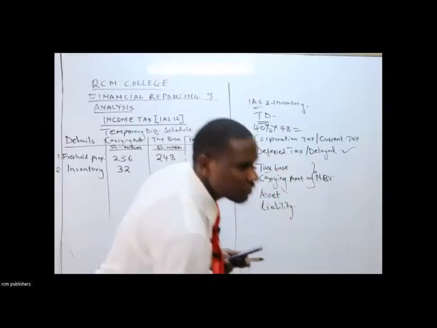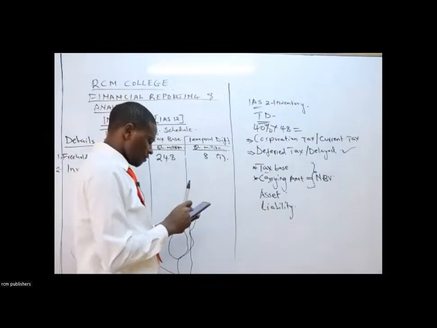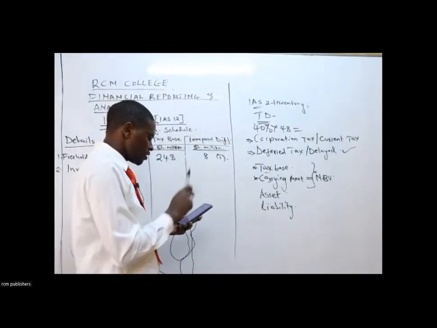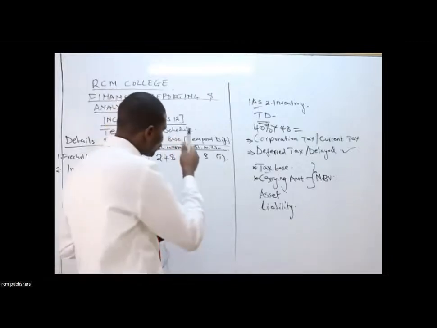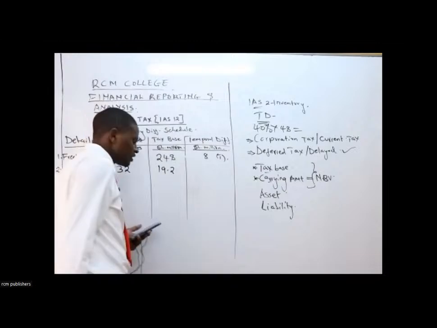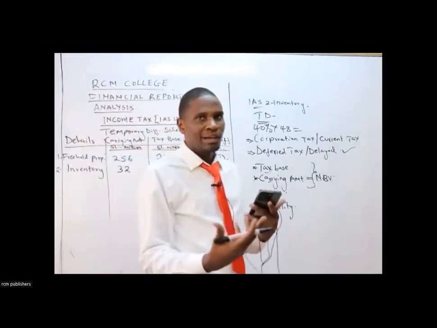All right, good. Now, if I take my 40%, that is 0.4 times 48, I'm getting 19.2 million. I ask myself, what am I dealing with?